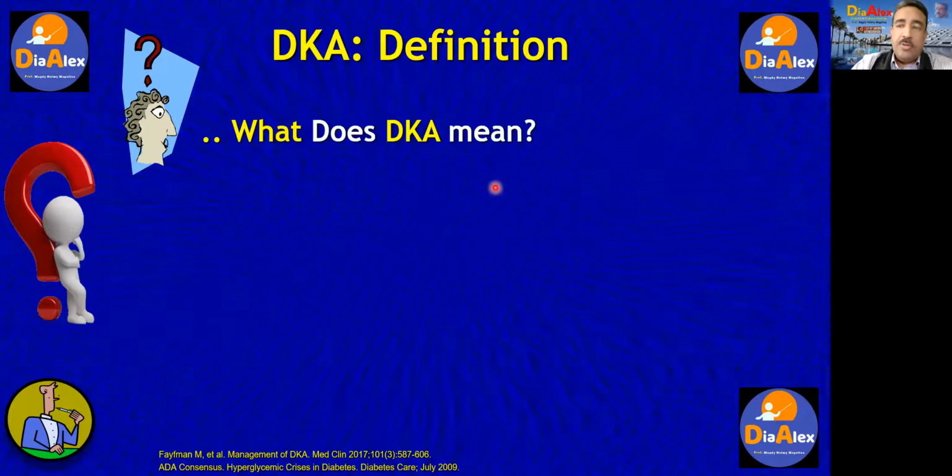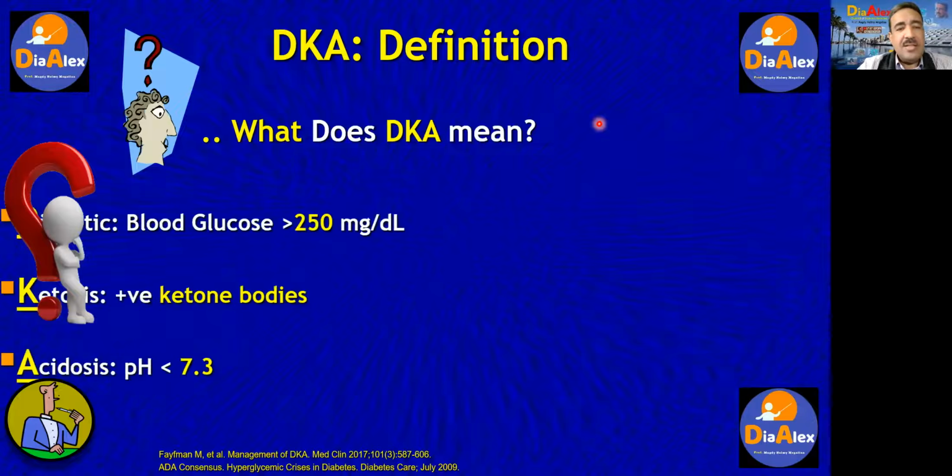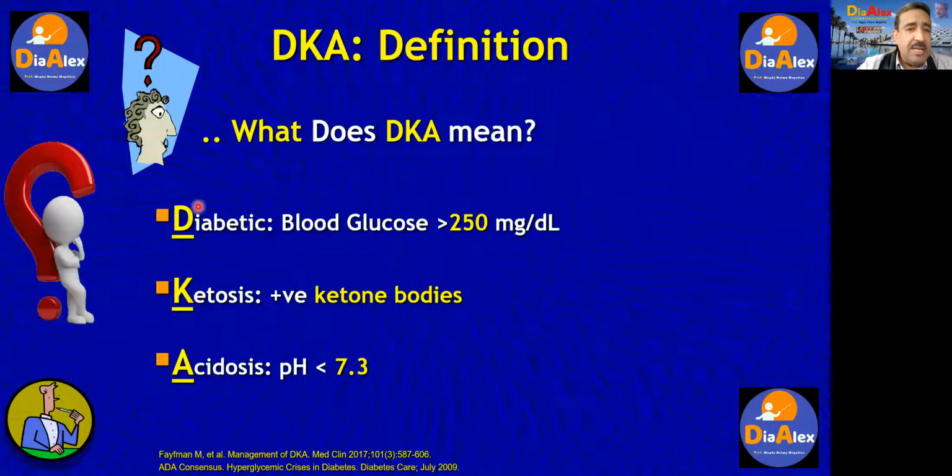And before going into details of diabetic ketoacidosis or DKA, let's define first what is DKA. What does DKA mean? And away from the sophisticated definitions in textbooks, simply DKA means a triad of D means diabetic, blood glucose usually is more than 250 milligrams per deciliter.